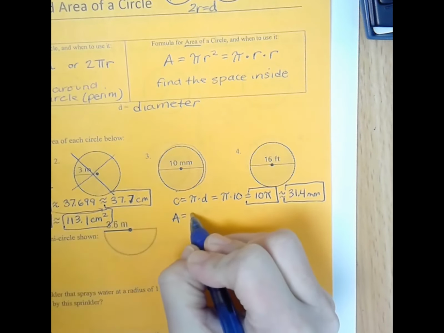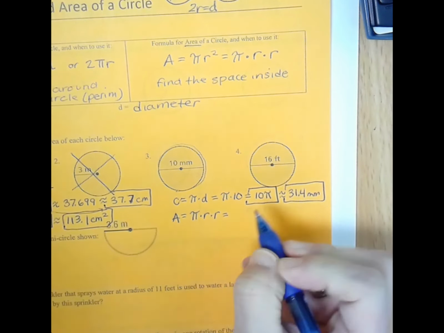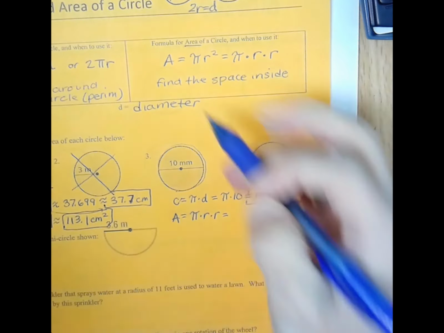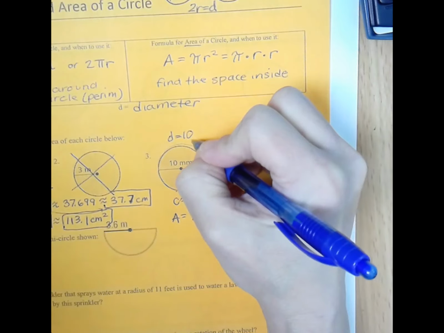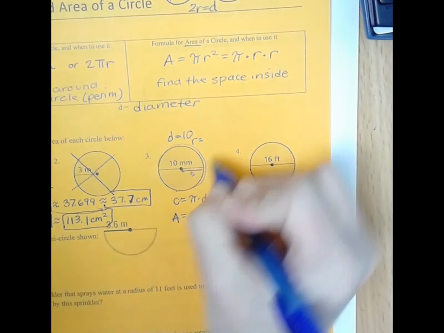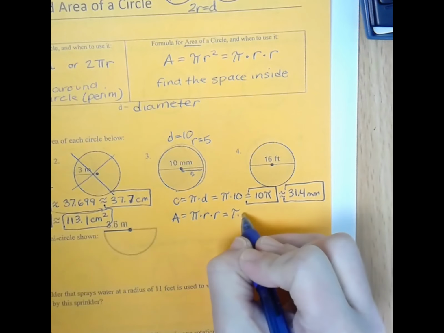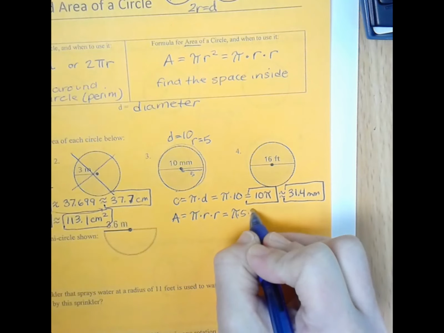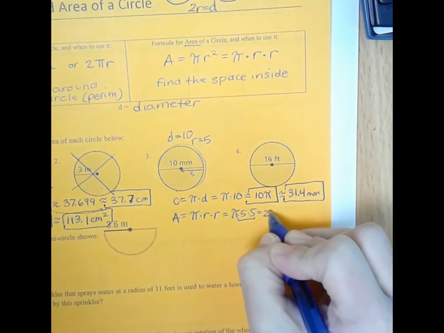For area, we do pi times radius squared. All right, and be careful, they're giving us the diameter of 10. So before we calculate that, we need to figure out the radius, which would always be half of the diameter. So our radius would be 5. So pi times 5 squared would be pi times 25, or 25 pi.